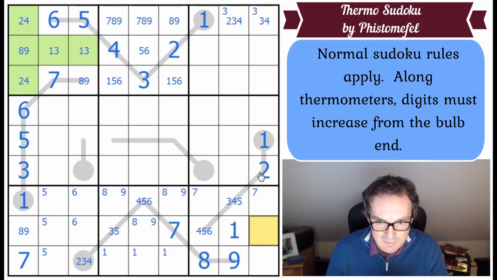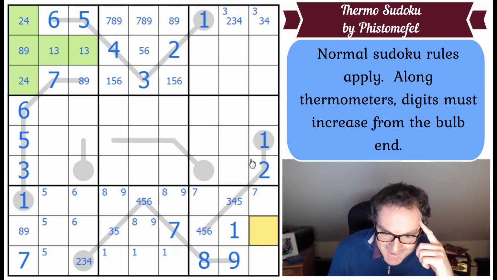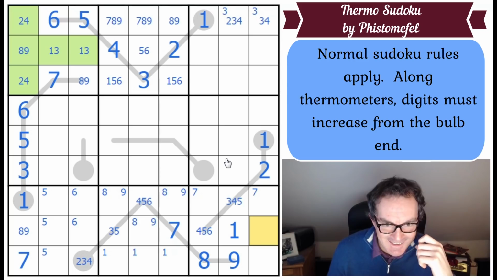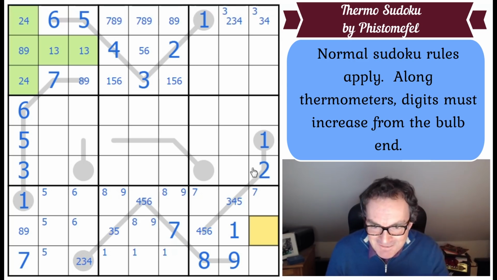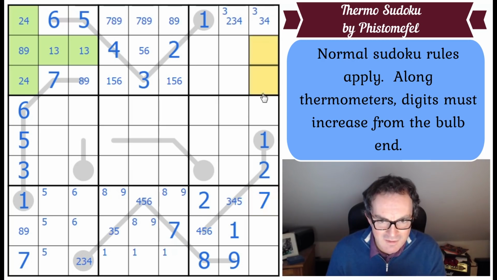Oh no! You're kidding me! That must do something. Oh, 2. Yes, it does. Look, I've not put a 2 in this box. Let's just do Sudoku. 2 goes there, 7 goes there. 7's in this domino. 2 is in one of those 2 squares, but I don't think we know which one.